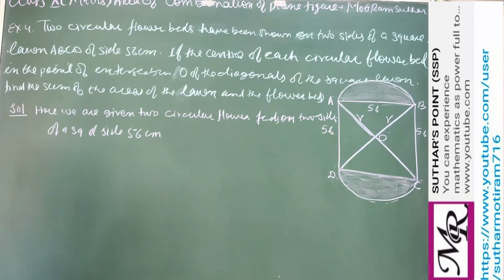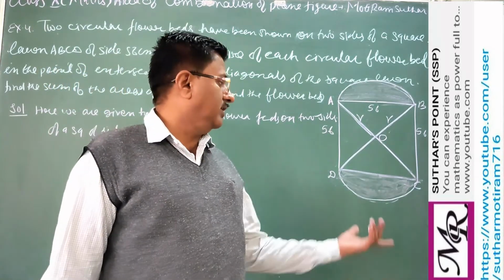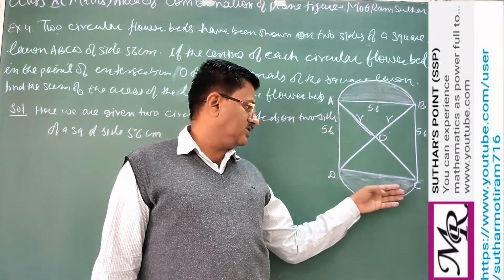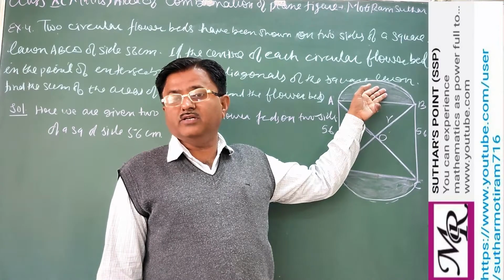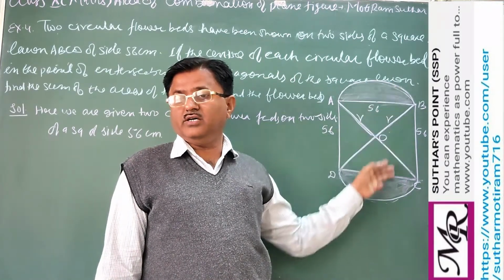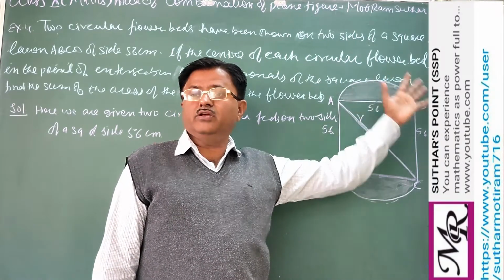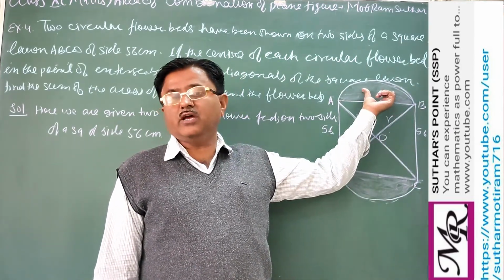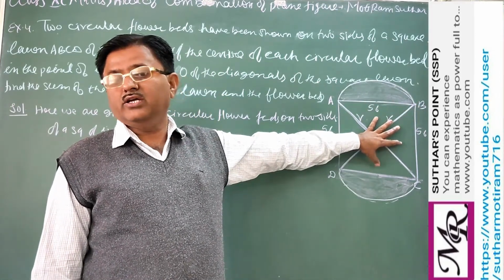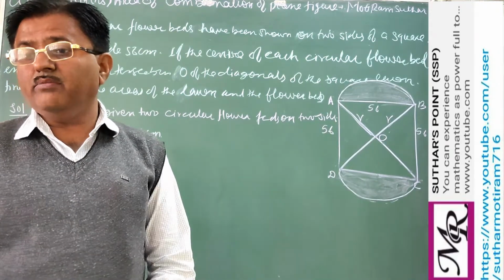Either you can see the figure very carefully: this is a segment of a circle and this is also a segment of the circle. So you can find the sum of these two and the area of the square. That will give you the required area. Area of the segment plus area of the segment plus area of the square will give the whole area.